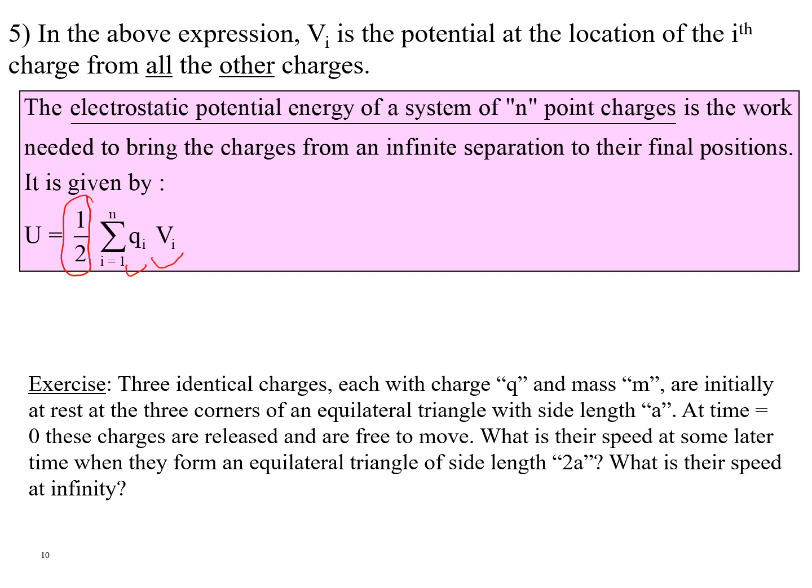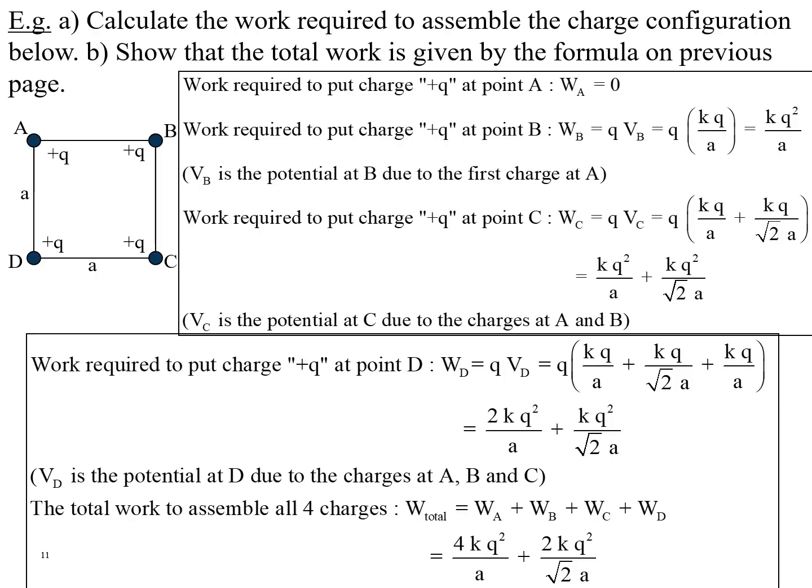This gives us in a sense the measure of the work needed to bring together that configuration of charges from a situation where they have infinite separations relative to each other. So this actually is a very useful and important formula, and we will essentially go ahead and understand how this formula works in the next problem.